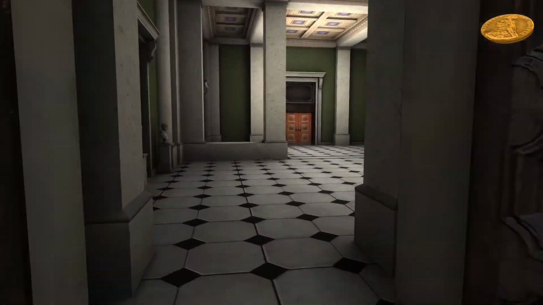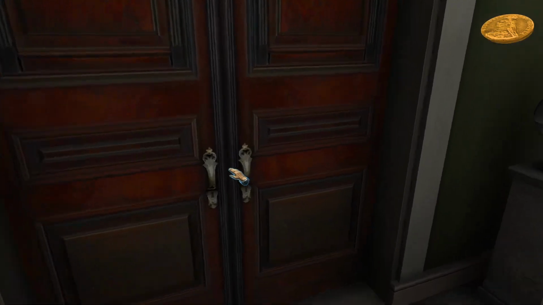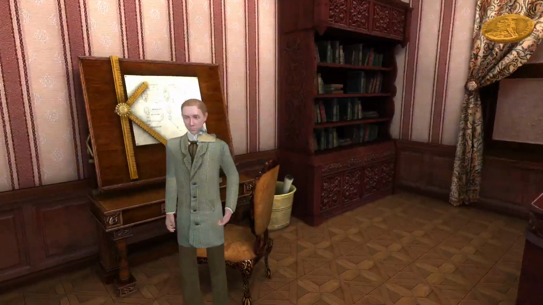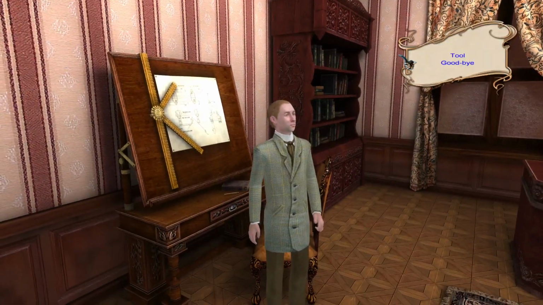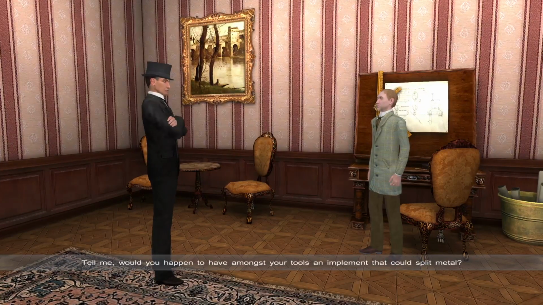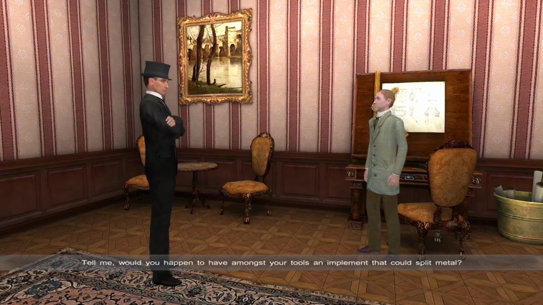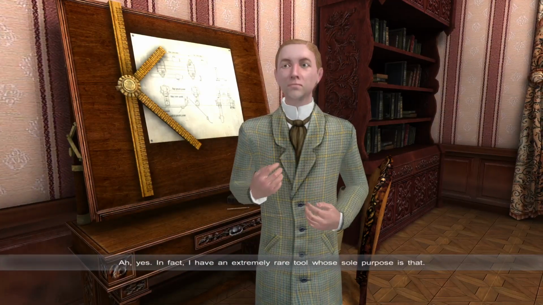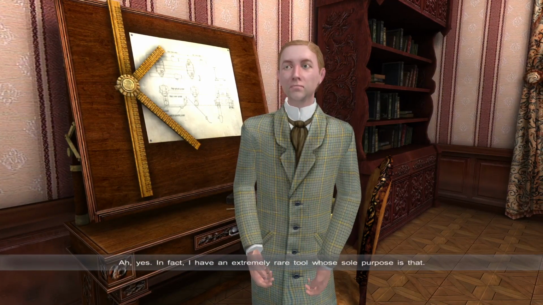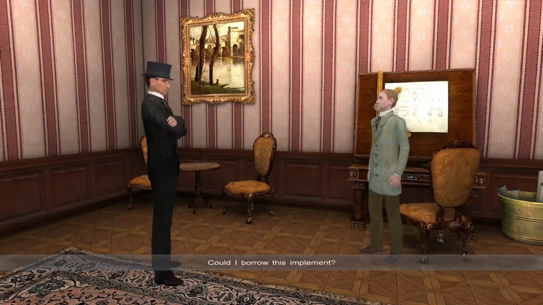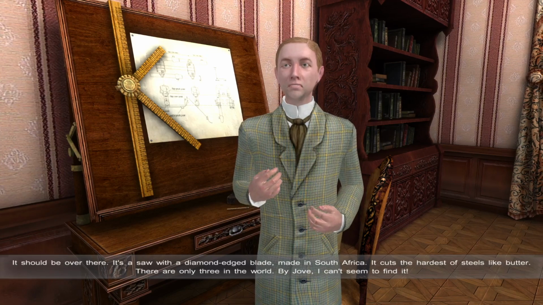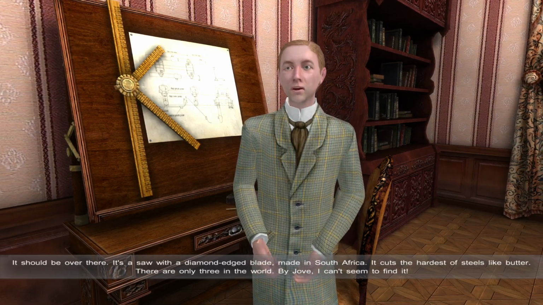Gotta say, Lupin, you're really putting in the extra effort. An instrument, can you help? Ah, if it isn't the architect. Would you happen to have amongst your tools an implement that could split metal? Ah, yes. In fact, I have an extremely rare tool. Can you loan me the tool? It's a saw with a diamond-edged blade, made in South Africa.